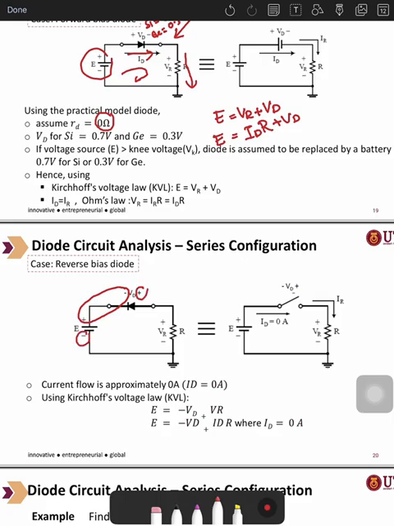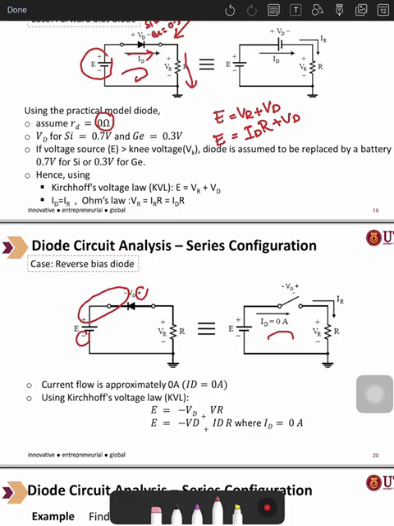Sorry, the anode is connected with the negative. Since it is connected in reverse bias, it is an open circuit. When it is open circuit, no current will flow across the circuit. Therefore, the ID would be 0.